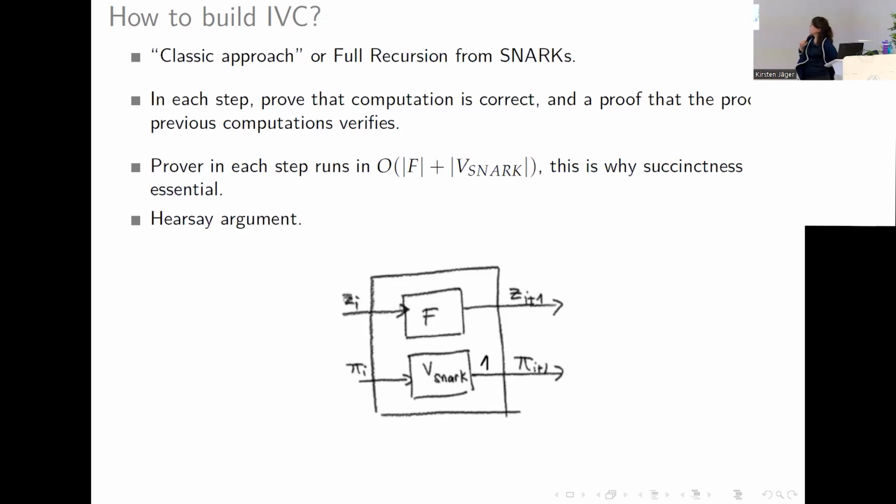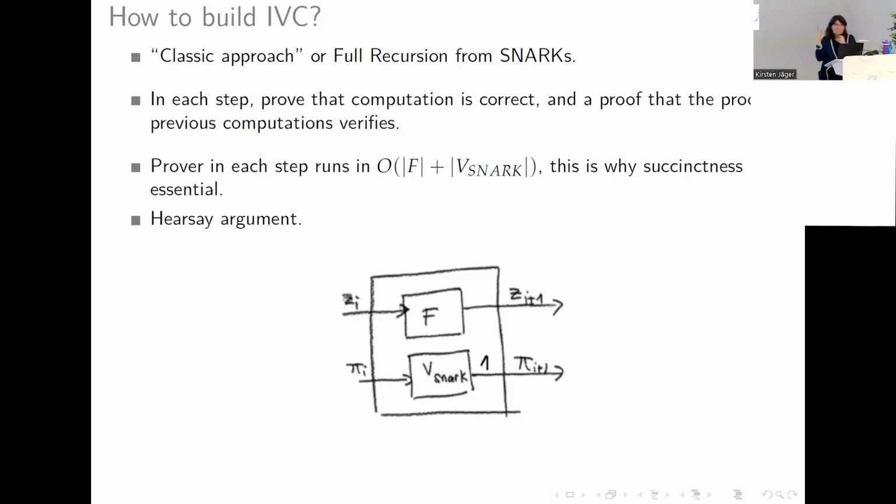What this means in reality is that you have to create a proof for the circuit that corresponds to the function and the SNARK verifier. Essentially the prover has to run in time that is proportional to the size of the computation and to how big the circuit of the verifier is.